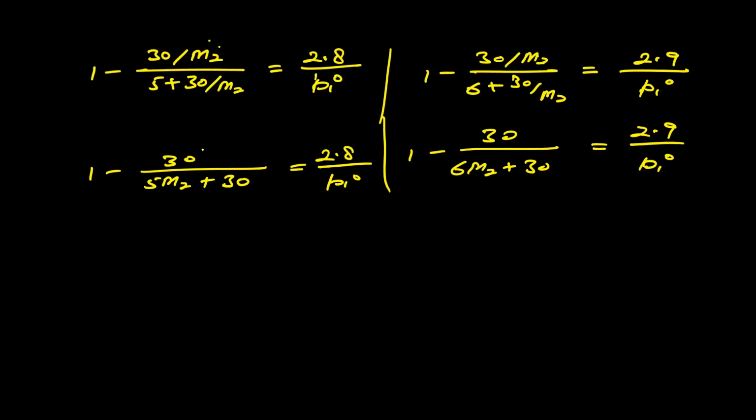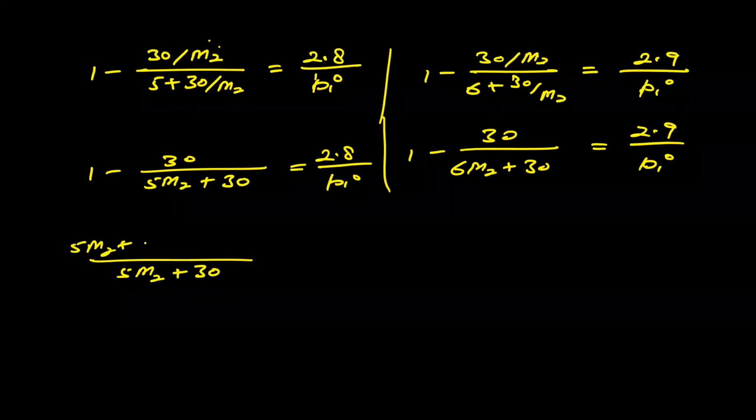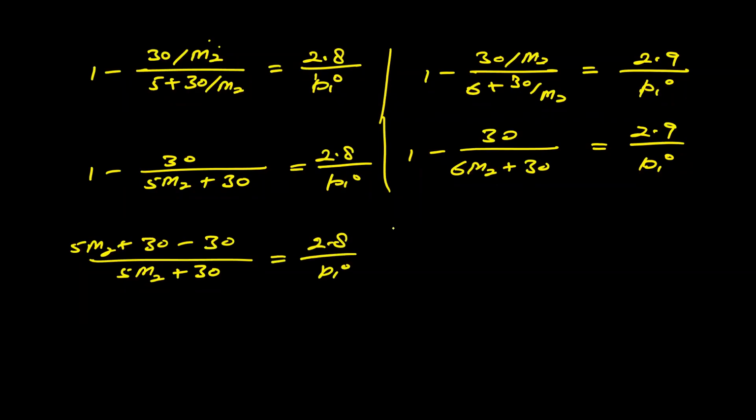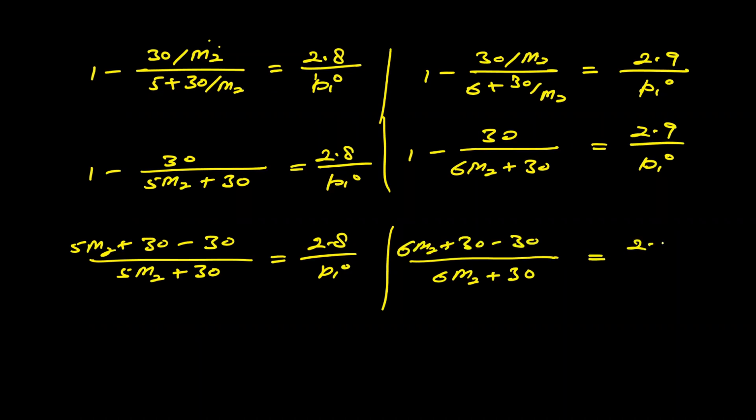Now I will simplify this part also. So this part I will take 5 M2 plus 30 as LCM. So it will be 5 M2 plus 30 minus 30 equals 2.8 by P1 naught. And remember, this is the technique you will be following in all such questions. 6 M2 plus 30 minus 30 equals 2.9 by P1 naught.